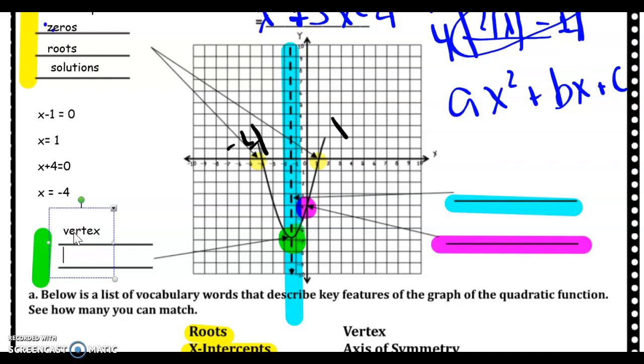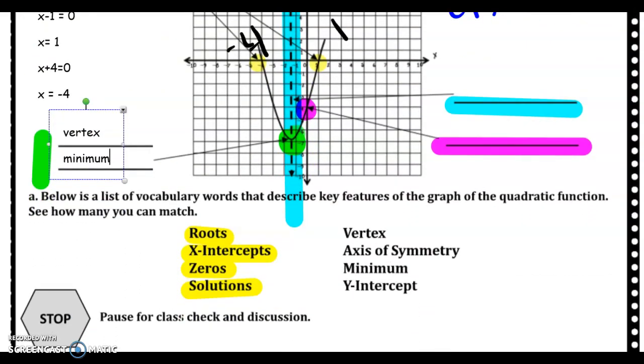And since it is the bottom point, we call it the minimum, because there is no lower point on this graph, because it changed directions. It's going to be going back up. So if I look down here at my word bank, I have vertex, which is also the minimum. Those are two words for the same thing.